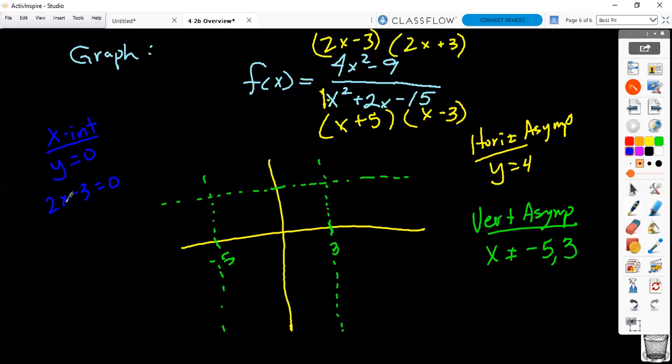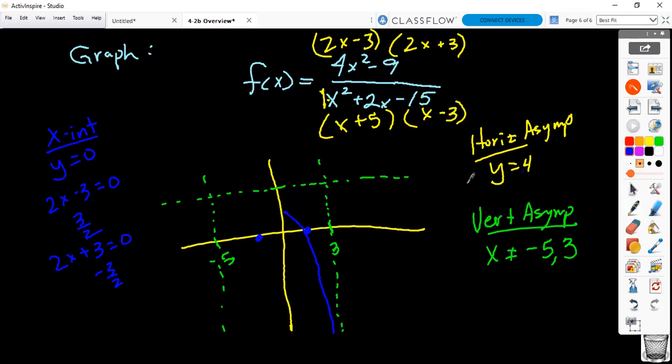Add the 3 to the other side, divide by 2, that'd be 3 halves. And when does 2x plus 3 equal 0? Just the opposite of that, subtract 3 and divide by 2. So a positive 1.5, that's like in here, and a negative 1.5, which is in here. So then this piece of the graph is coming up.